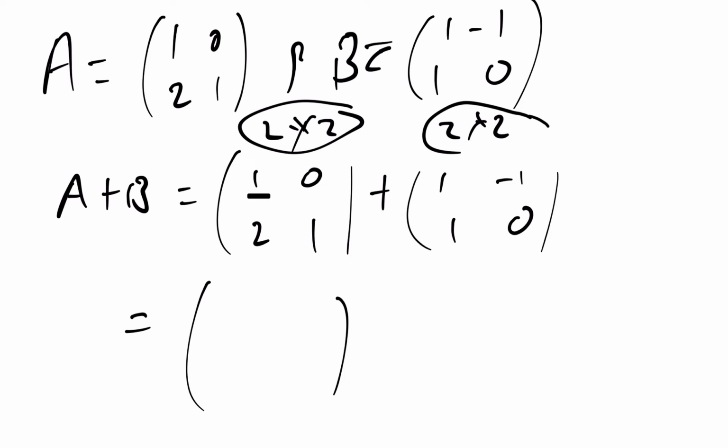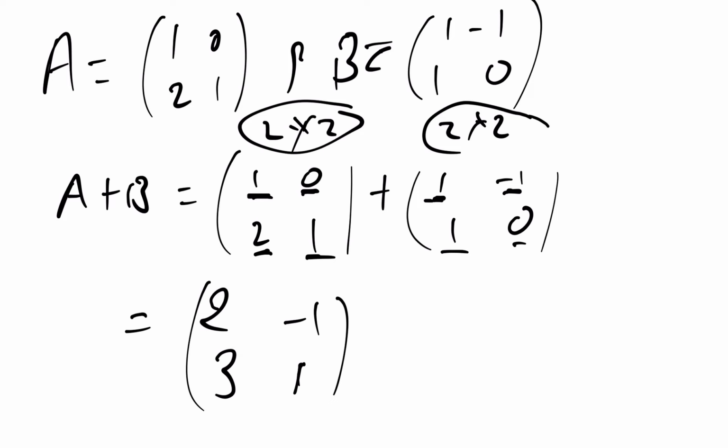So when you add it with matrix B, you'll add it with this element, which is also found in row 1, column 1. So we are saying 1 plus 1, you get 2. 0 plus -1, you get -1. 2 plus 1, you get 3. 1 plus 0, you get 1.